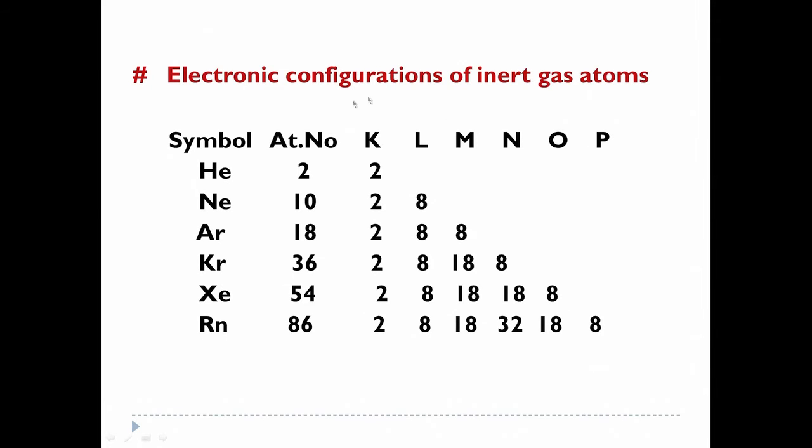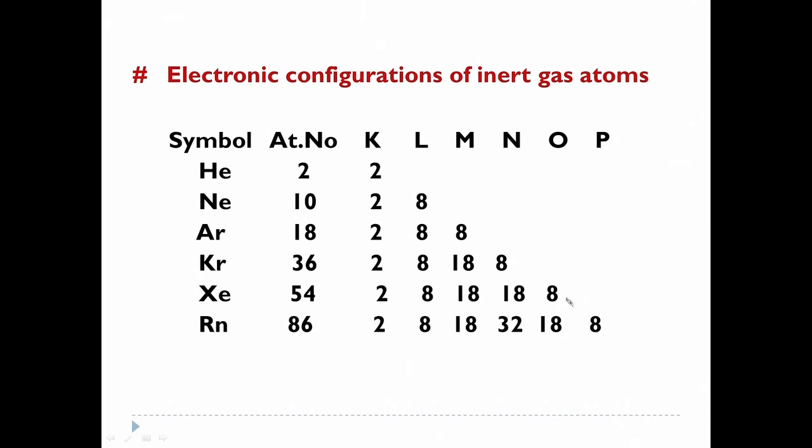If I have to plot the electronic configuration of inert atoms, it should be like this: helium, neon, argon, krypton, etc. Here you can see the atomic numbers would be 2, 10, 18, 36, 54 and 86. That is the 2n square rule, and the K shell will always have 2, L shell will have 8, M shell will have 8.